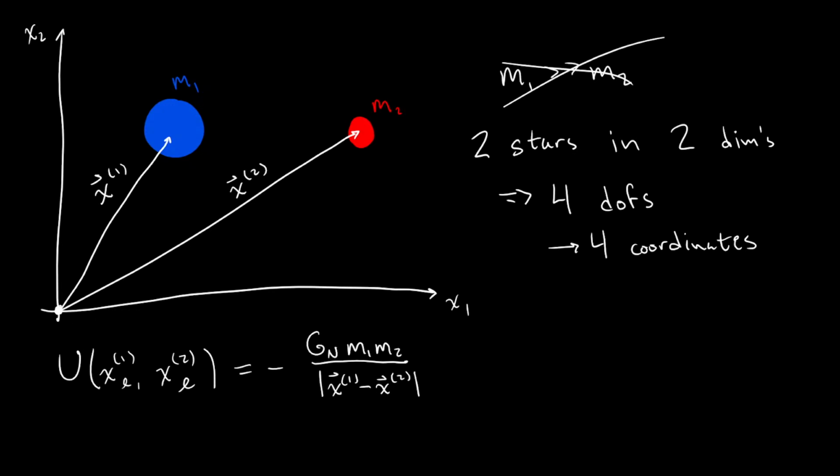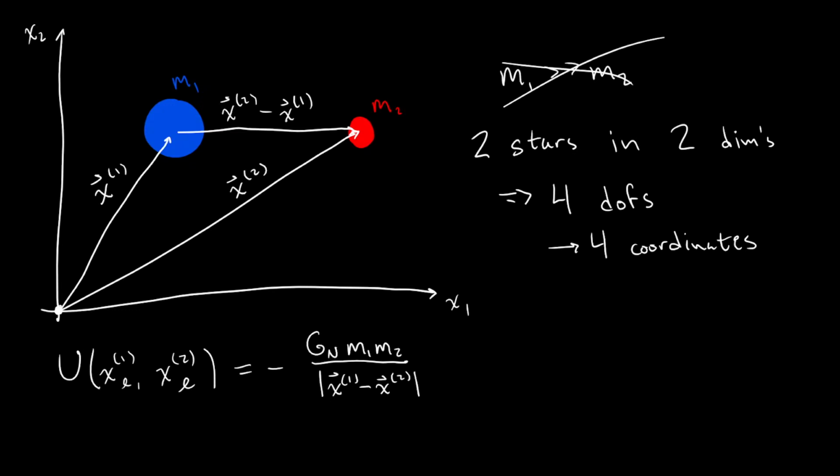Right, this is something that we found previously. We derived all of this before, where this vector here is, of course, just going to be, well, I think in this case it's x2 minus x1.